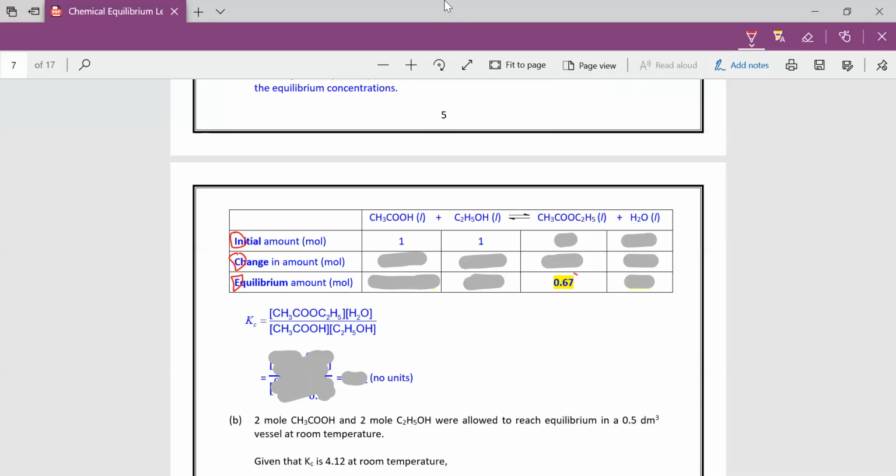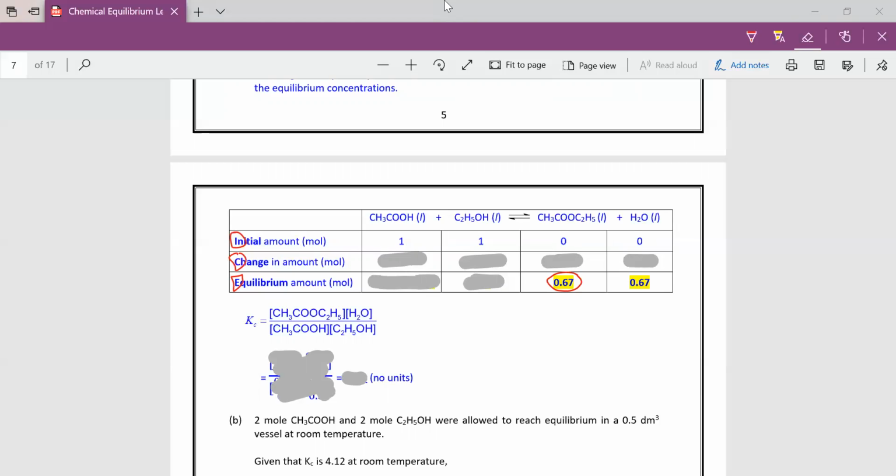We know that 0.67 is our equilibrium amount. Right off the start, you won't have any product. Since the amounts of ester and water formed will be the same because they are in the ratio 1:1, we can deduce that the amount of water formed is 0.67.